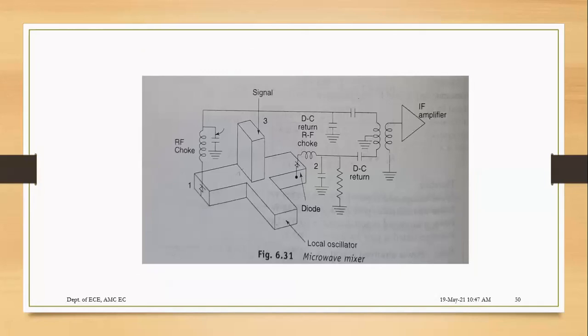Then you can see that the signal is applied to your E plane, whereas the oscillator signal is there across your H plane. So using that balanced microwave mixer configuration, because you're giving two sides, the oscillator will be providing the normal input and the signal will be provided to your E plane, and the signal fed to the E plane, and the local oscillator what you have in the H plane.